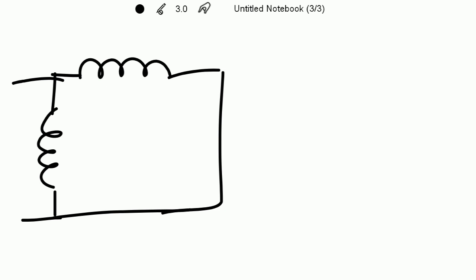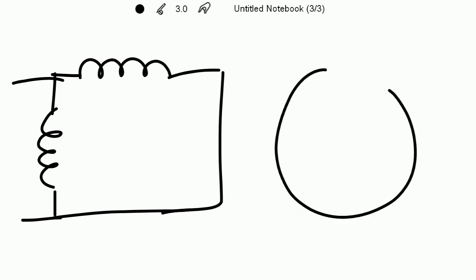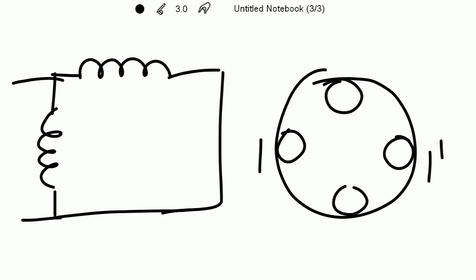So let's suppose these are my windings 1 and 1 dash, these are my windings 2 and 2 dash. So due to winding 1, my magnetic field is varying in this direction, and due to winding 2, the magnetic field is varying in this direction. And let's suppose they have some phase difference.